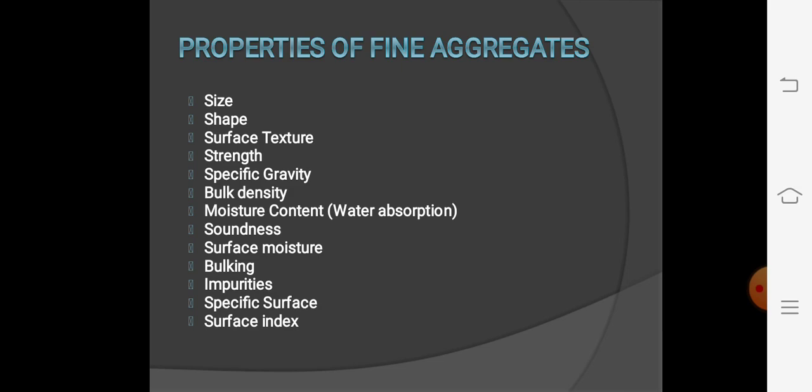So there are a total of 13 properties of fine aggregate.